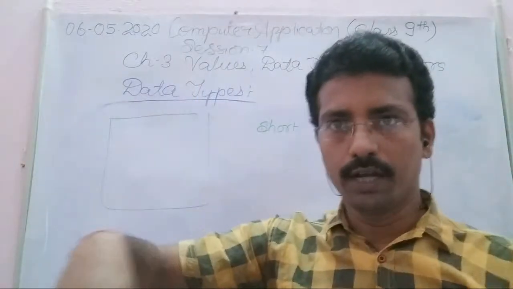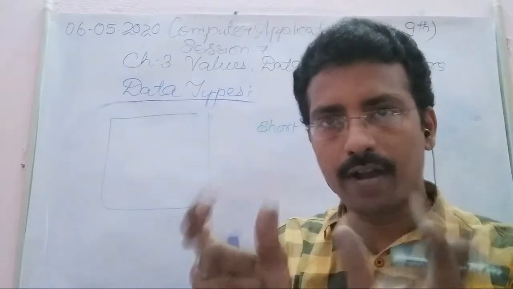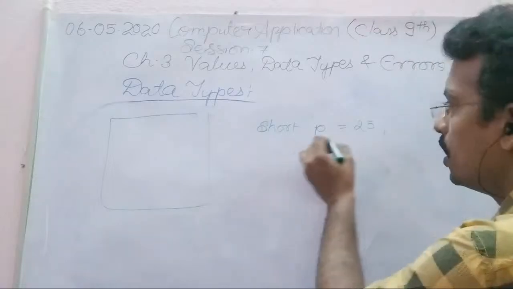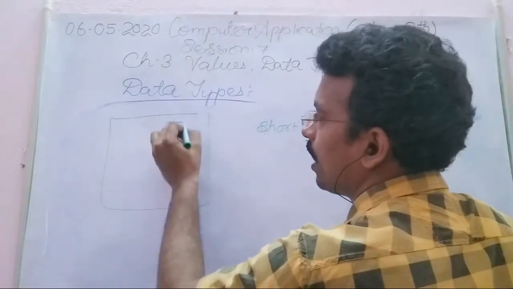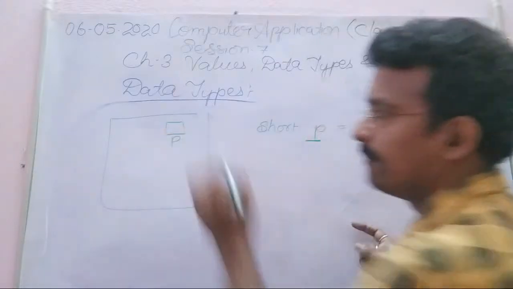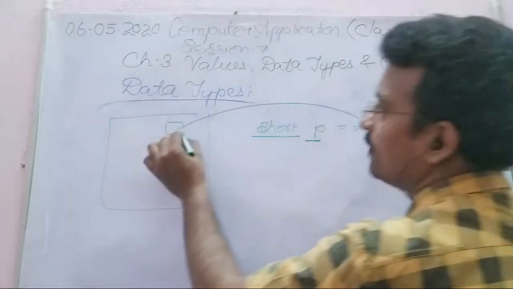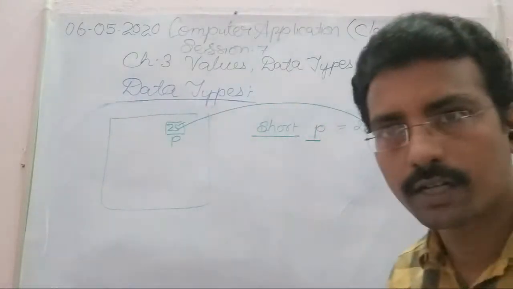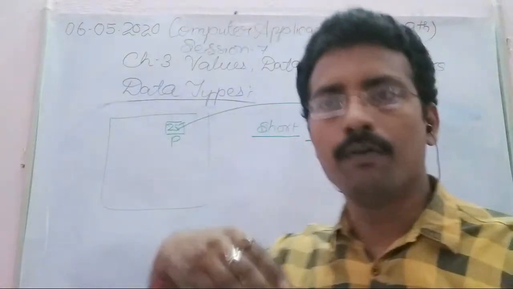Just today I have told, short will take 2 bytes of memory space and will hold a small non-fractional value. So we'll take this P, will create a P named memory space in the memory because of this data type, and this 25 will be stored here. Got it? So this way, this data type is used in our program.